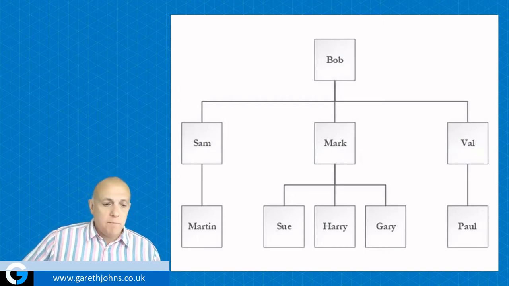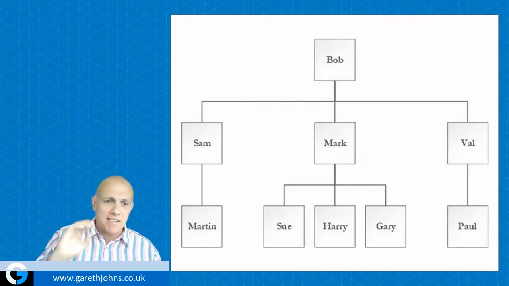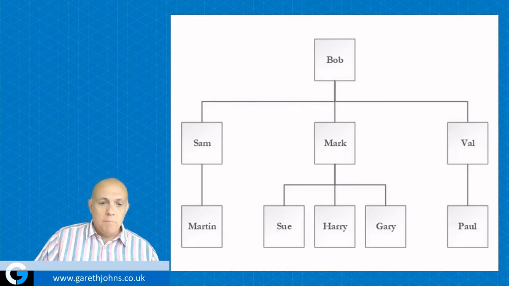When we look at Sue here, Sue is Mark's right-hand arm, PA, assistant, catch-all. Sue's amazing. But Sue is also, unfortunately, being stretched because she's also doing work for Sam and Val.